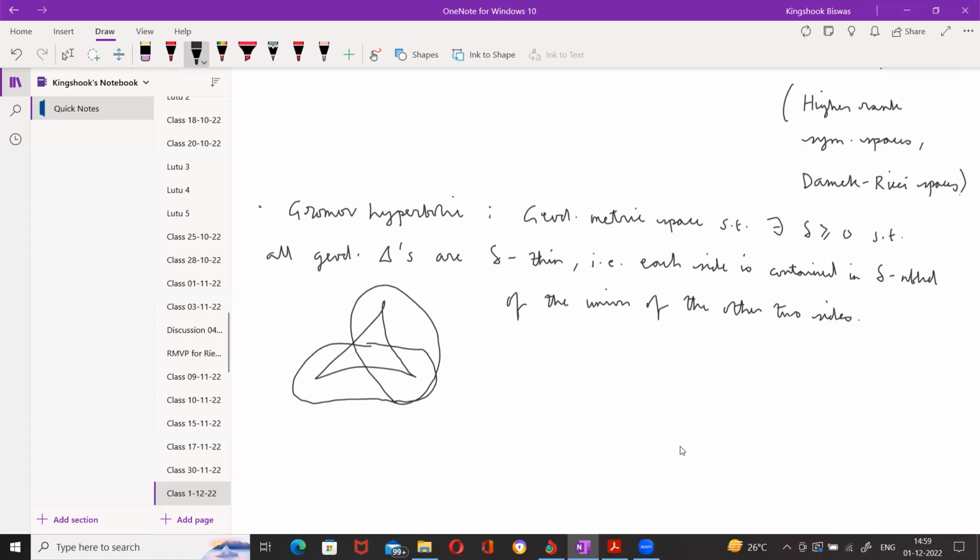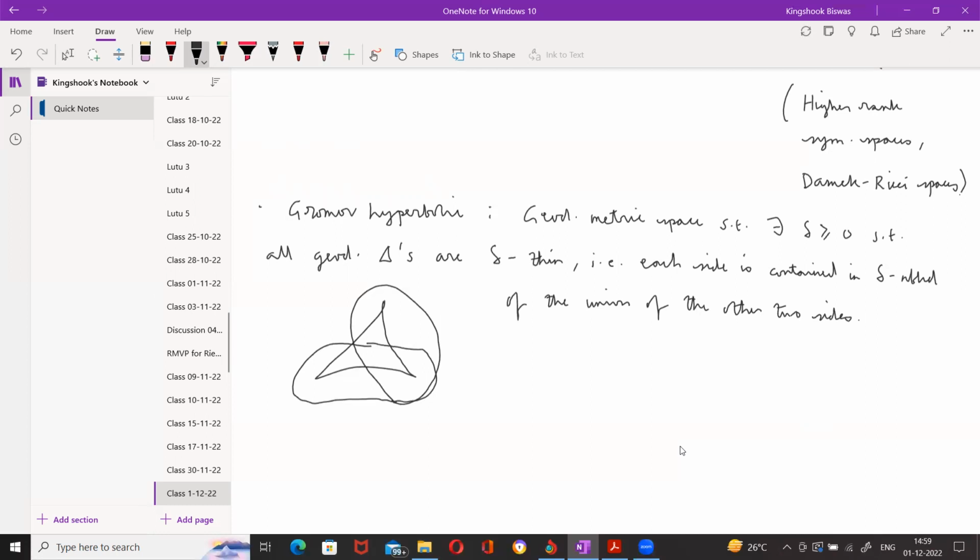Now the point, why am I saying this is only about large triangles? Well, as Mohandas used to say, think of delta equal to 100. Then if you take a triangle of diameter, let's say less than delta by 2 or something, then this is vacuous.